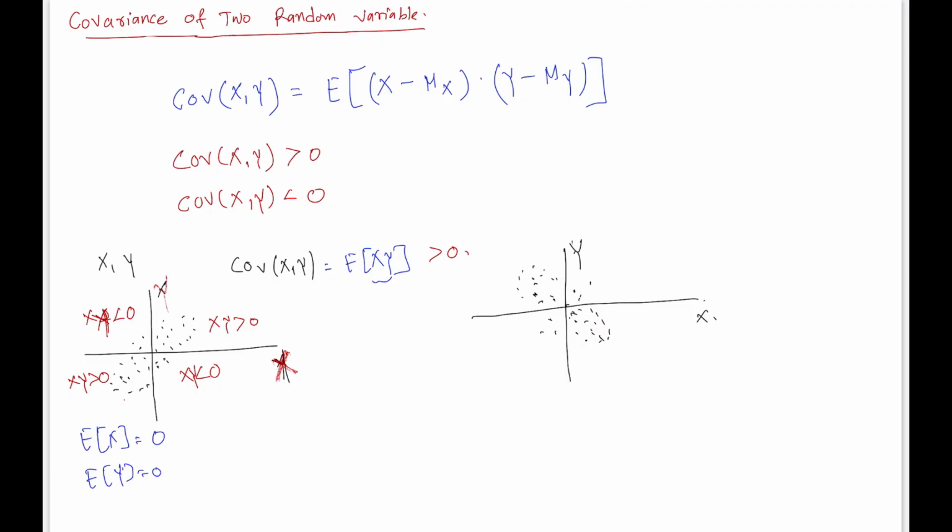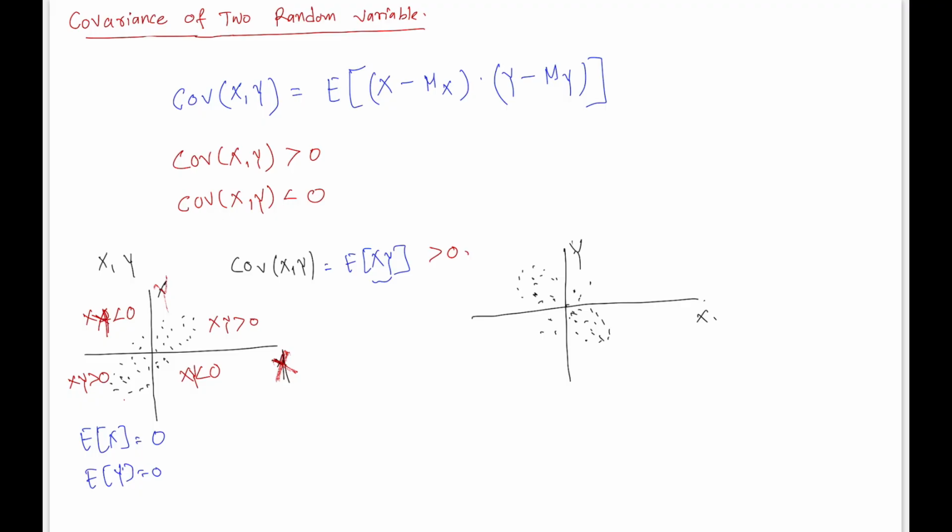Now let's look at this plot. Here x and y are moving in opposite directions. How? Look at these values of x. x is taking a large negative value and y is taking a large positive value.